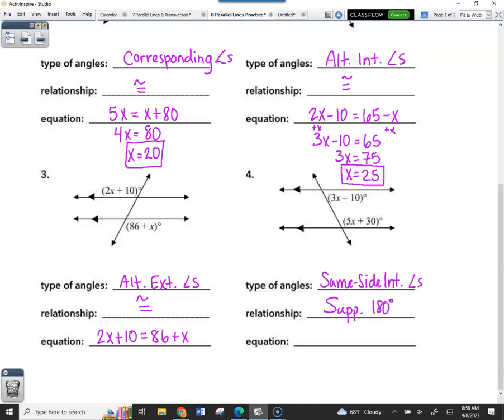Remind yourself that means they add to 180. Did you get 76 and 20? Yeah? 76. 20.